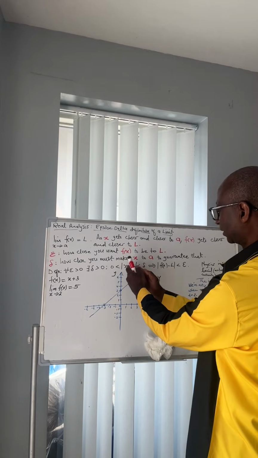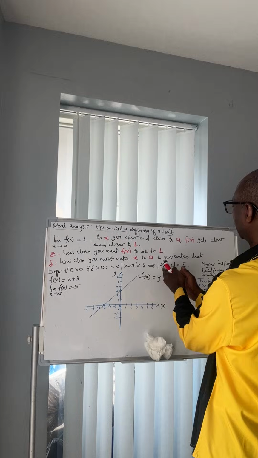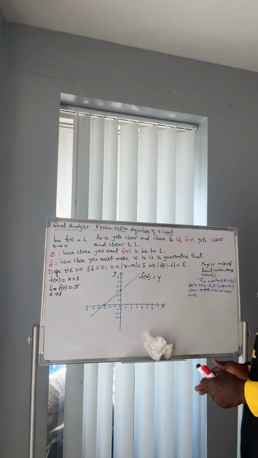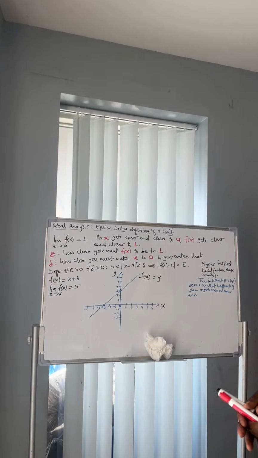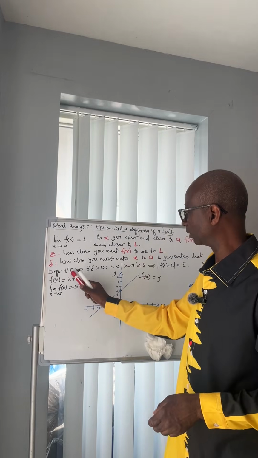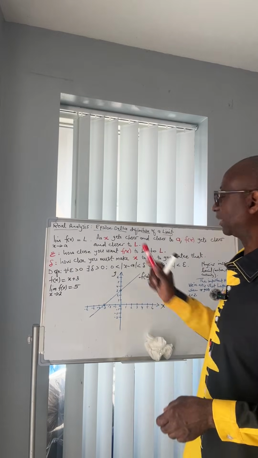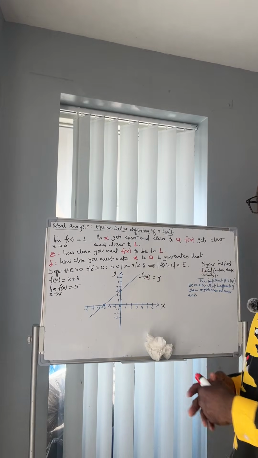These are distances: the absolute value on the x-axis and the absolute value on the y-axis. So from this statement, epsilon is given to you, and you now want to find delta. That's what this statement is talking about.